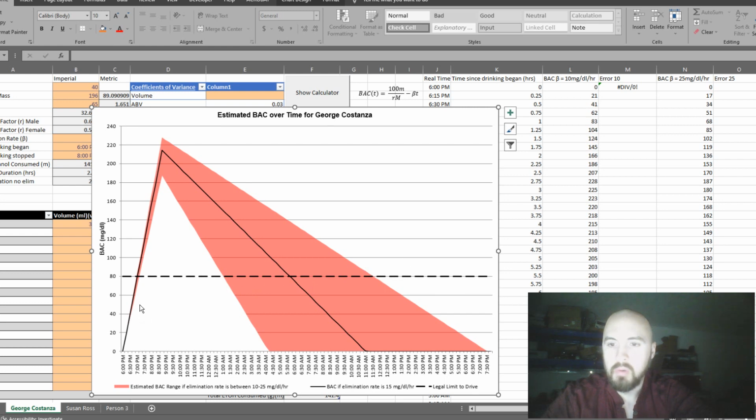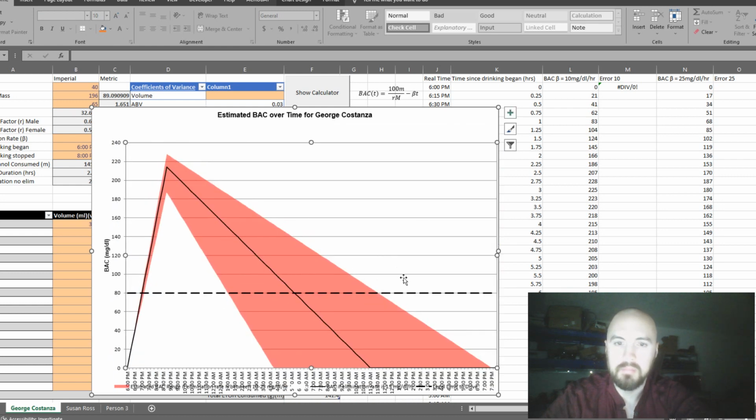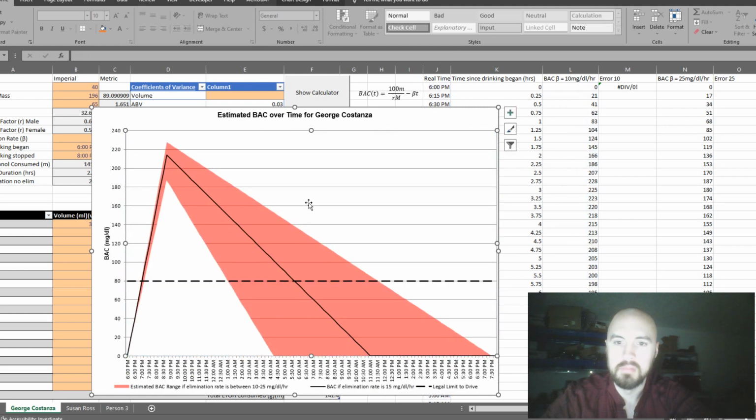So the lower limit of this graph is the estimated blood alcohol concentration if his elimination rate is high, like at the 25 milligram per deciliter per hour. So this is assuming he's a pro, and this one, the much higher upper limit, is assuming he's a novice who's really never had a drink in his life, and he's eliminating it super short.